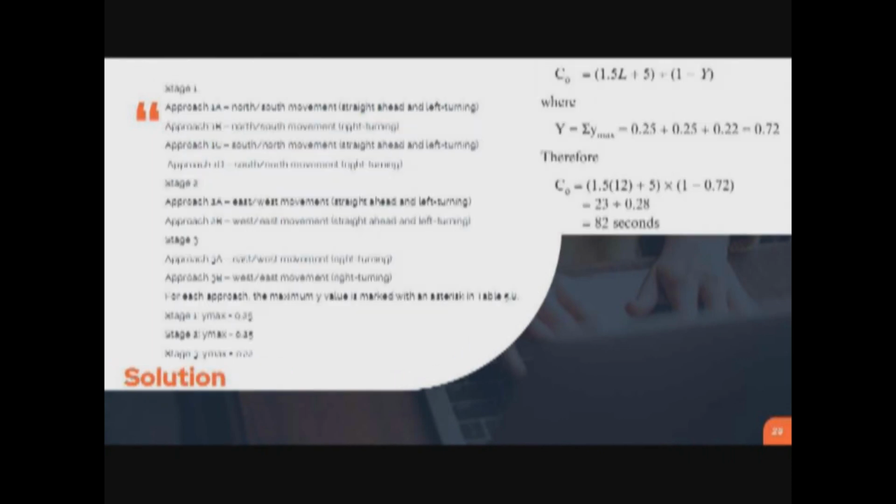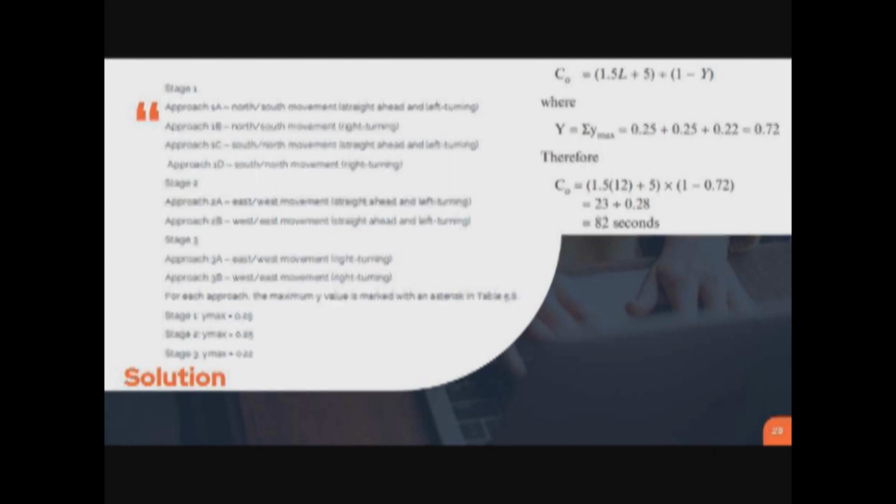So, solution. The 3 phases for the intersection in question, together with the movements for each of the individual approaches, are: in stage 1, we have approach 1A, approach 1B, approach 1C, and approach 1D, where approach 1A is the north or south movement, same as 1B, and 1C and 1D are the south or north movement.